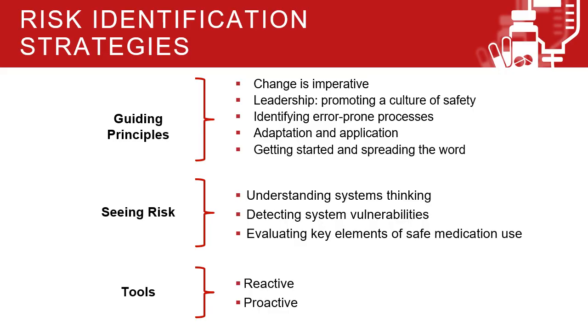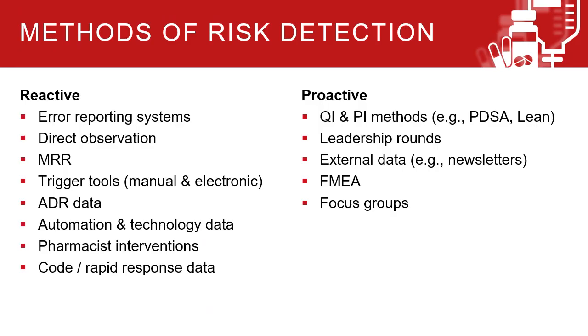In the remaining section of this presentation, we'll now shift our focus to reactive and proactive tools that can be used to identify and assess risk. We'll spend the remaining time in this module on tools that can be used both reactively and proactively to identify the risks within the medication use system.